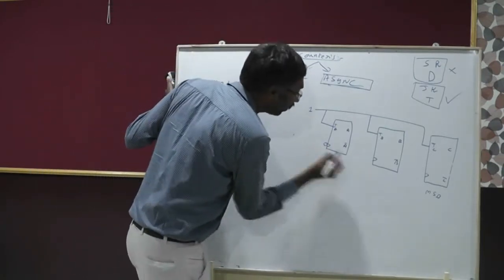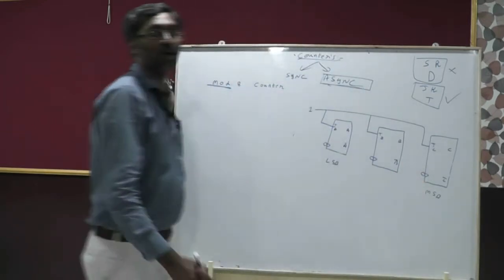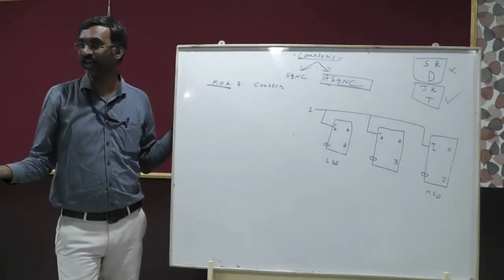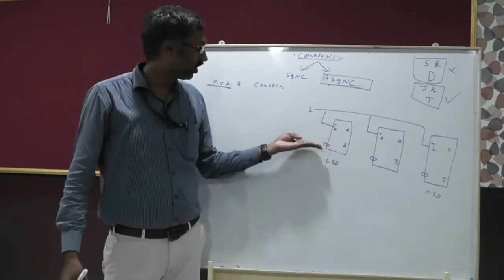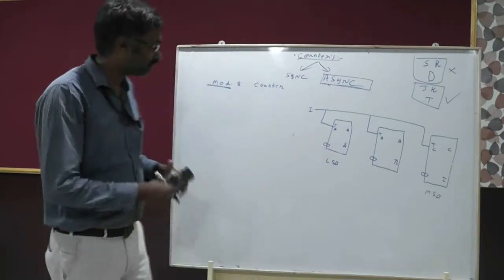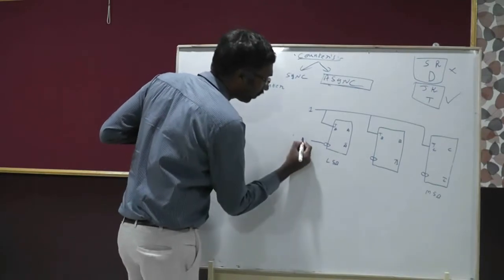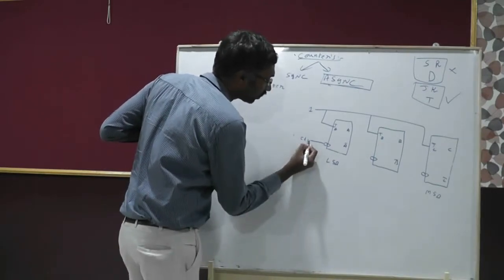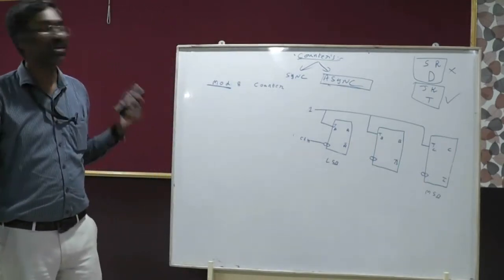What does a bubble indicate? A bubble indicates a NOT gate. Previously, without this bubble, it is a positive edge. But we are using a bubble here, so it is a negative edge. And for the LSB, we are going to apply the clock signal.